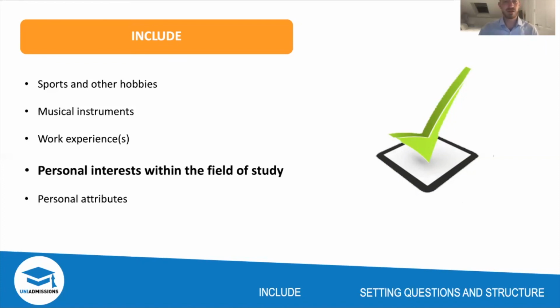And the final two are your personal attributes. What makes you different to someone else? What makes you tick? What you like doing, what you don't like doing, how you work as an individual, and your awards. If you have any awards, make sure you use them. You pop them in your personal statement to show that you have excelled in certain areas.